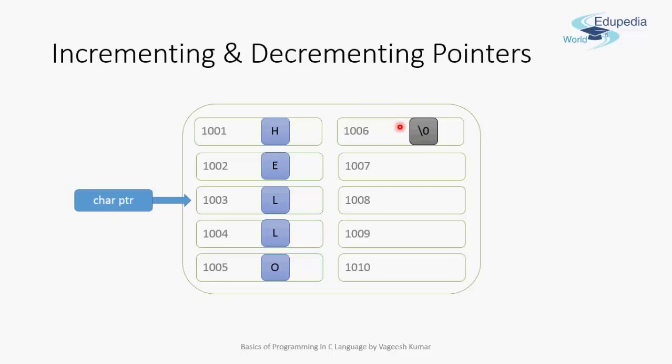Now if I go beyond this, C language will not check it. There is no check implemented that only these many memory locations were there for this array and you are going beyond it. But suppose the memory allocated to my program was only up till the 1007th memory location, and I still go beyond the 1007th location, increment my pointer, reach the 1008th memory location and try to access it.